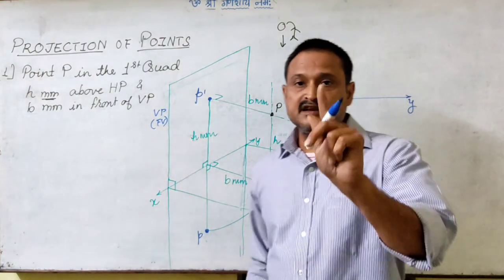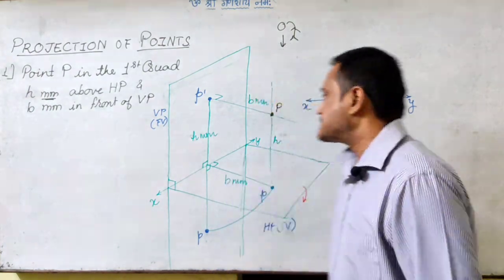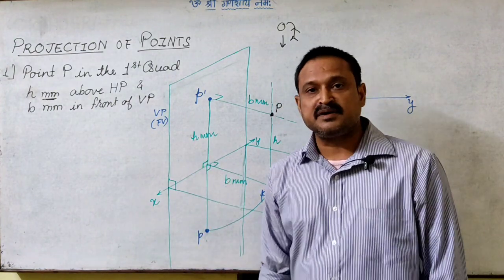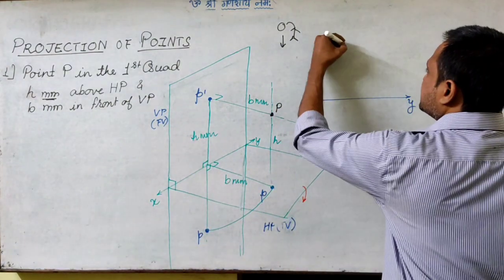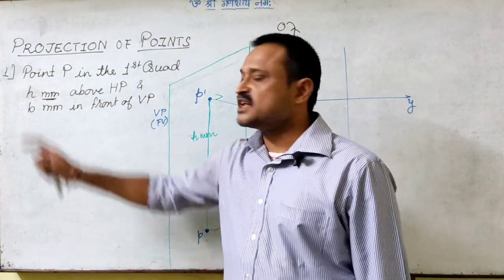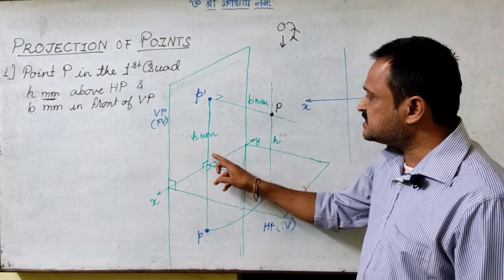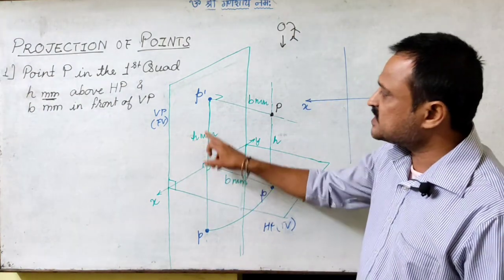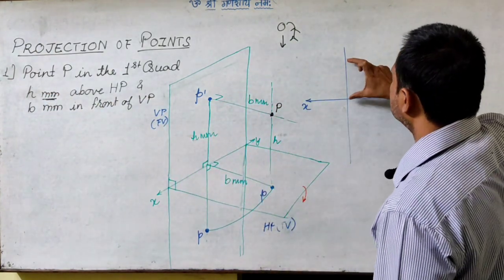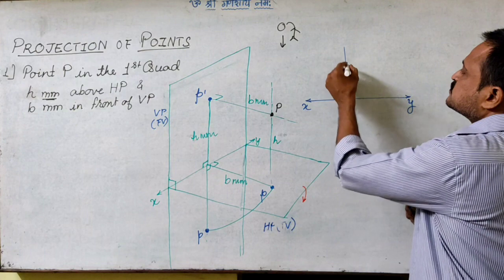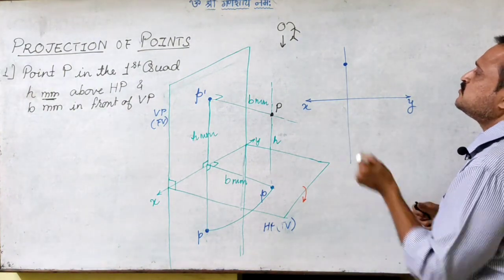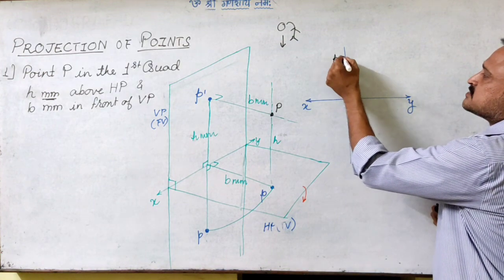For one point there will always be one projector, and the condition of the projector is that it will always be perpendicular to the reference line. So I can draw the projector for point P. If I know what H is, H is represented from the XY line. I can take this distance in my compass or scale and mark that distance H. At H distance, I will get the front view image of this point as P dash.